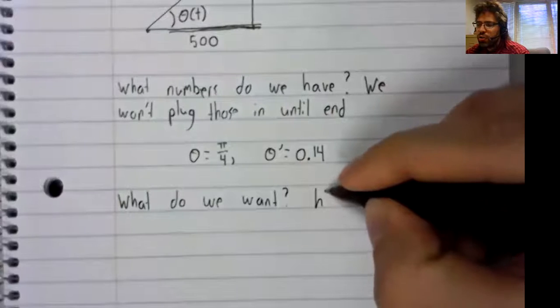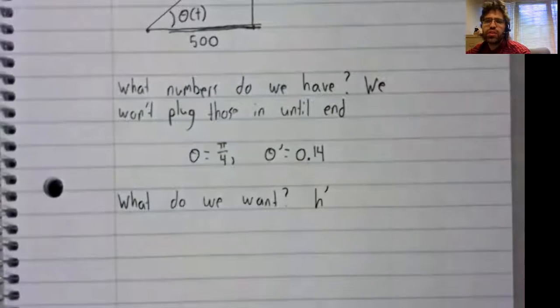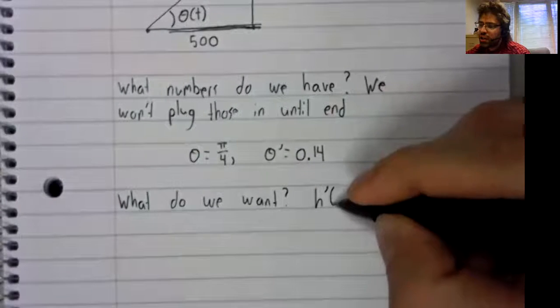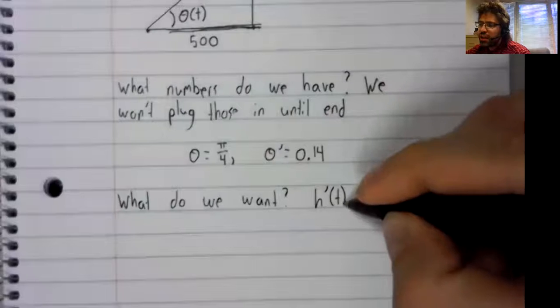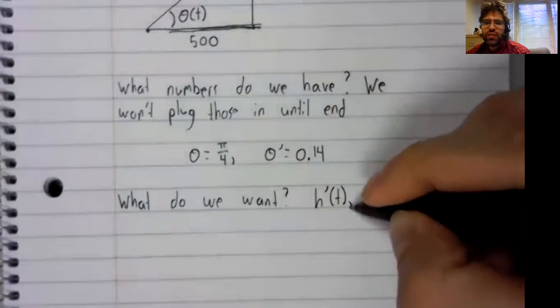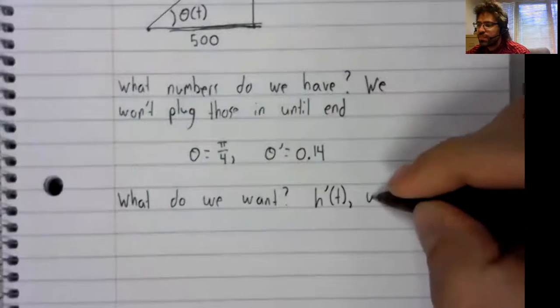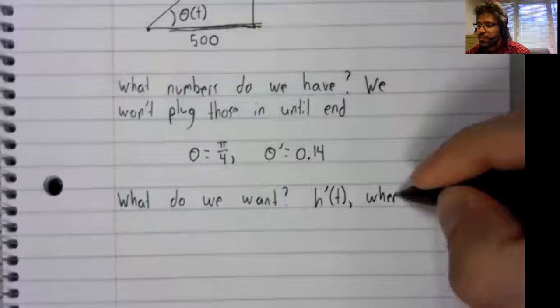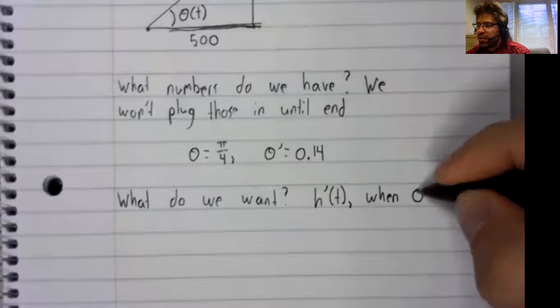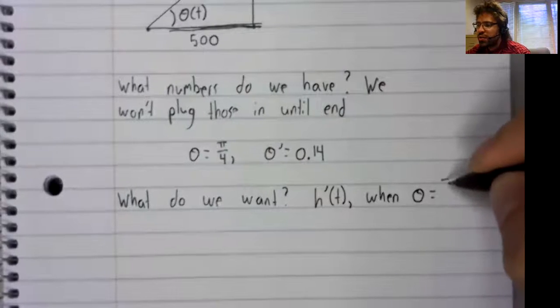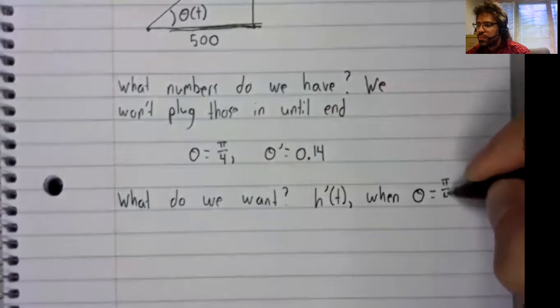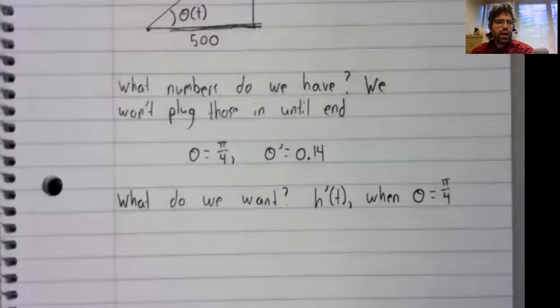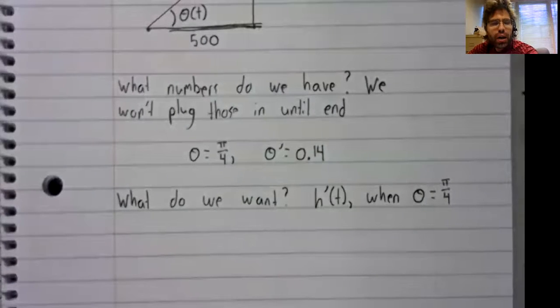We want to know how the height is changing. That is, the derivative of the height when theta equals pi divided by 4.